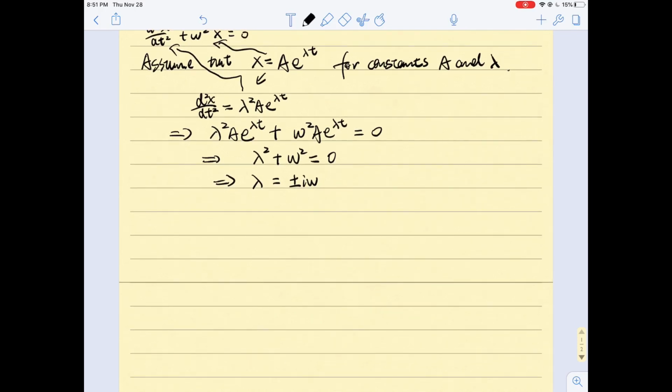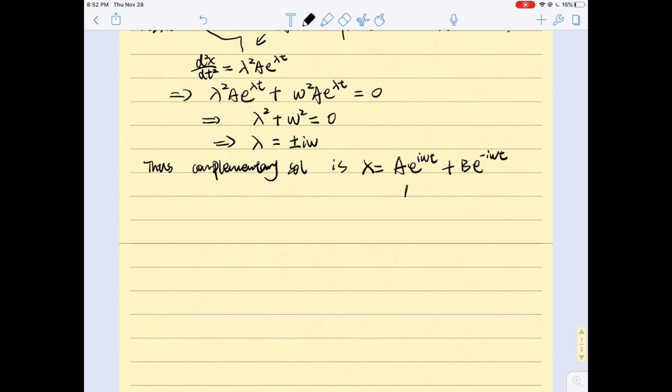Thus we can get the complementary solution, which is x equals A e^(i omega t) plus B e^(negative i omega t), where A and B are different constants.